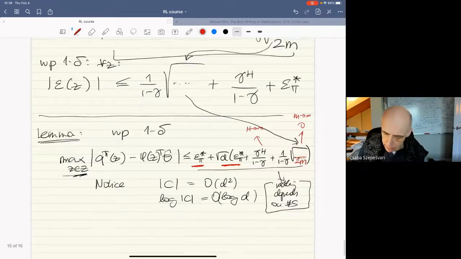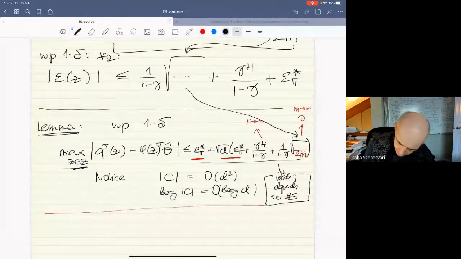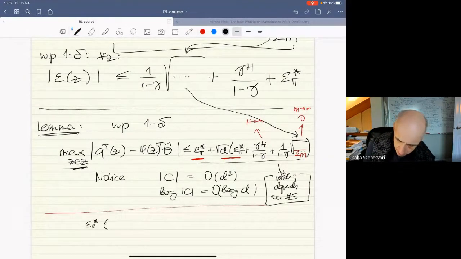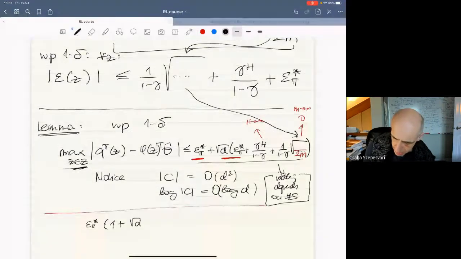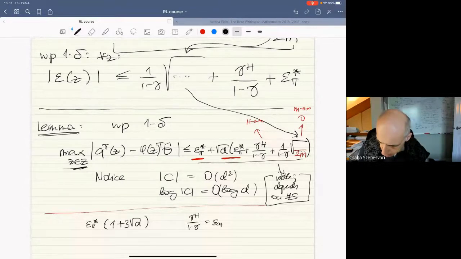So if you want to make the errors of the size of just the approximation error times, I don't know, 1 plus square root d times, I don't know, 3 or something like that, then you can calculate how big h should be such that this is equal to the approximation error, or less than or equal.